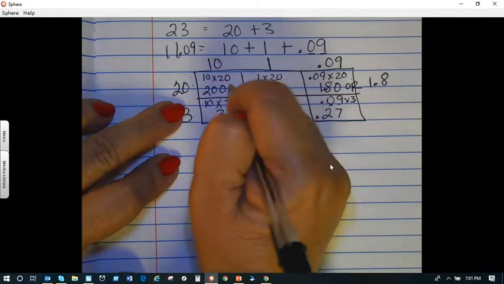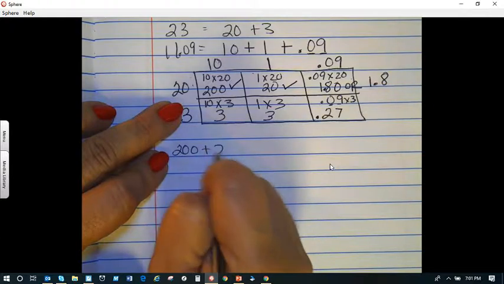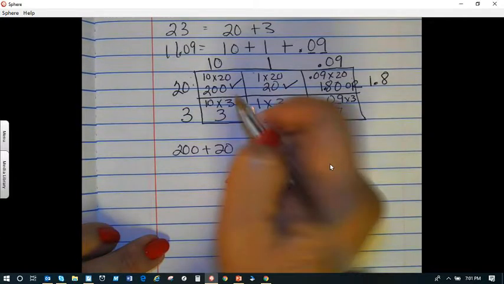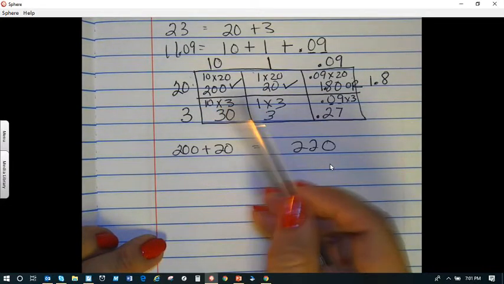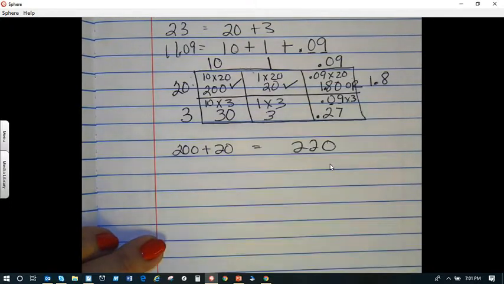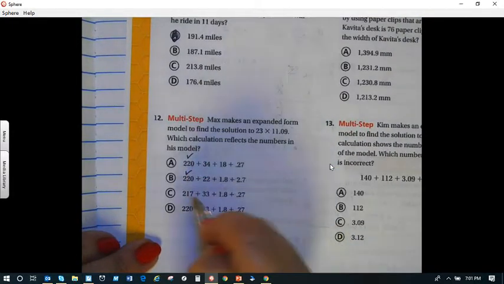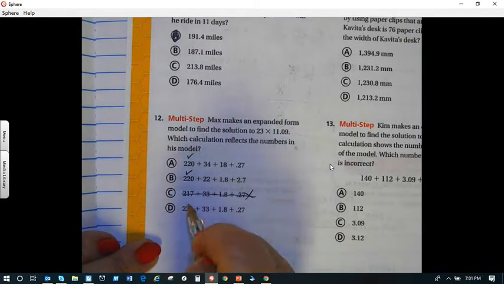So I have 200. So if I add 200 plus 20, that equals 220. Okay? I just saw my mistake right there. Thanks for pointing that out. 10 times 3 is 30. Okay, so I have 220. So now I'm going to look over here. Well, that's 220, 220. That's not going to work. So I'm going to ignore that, and this is 220.